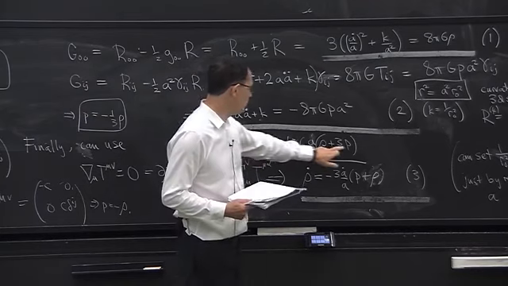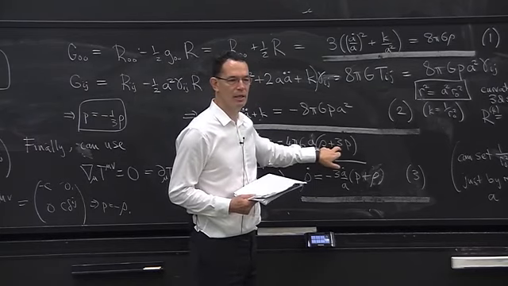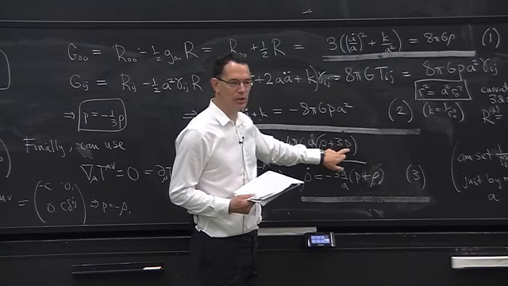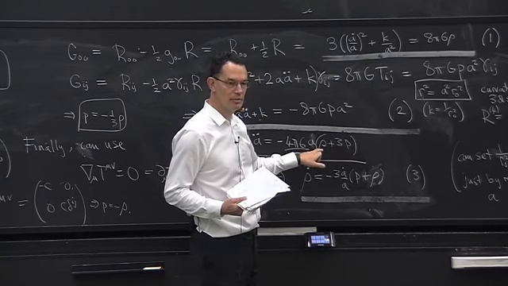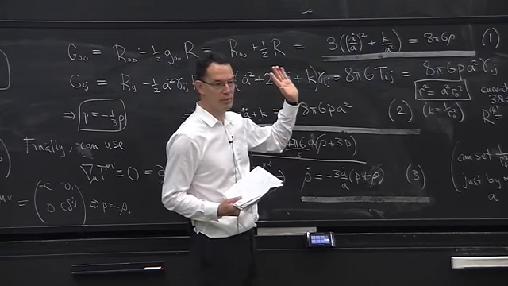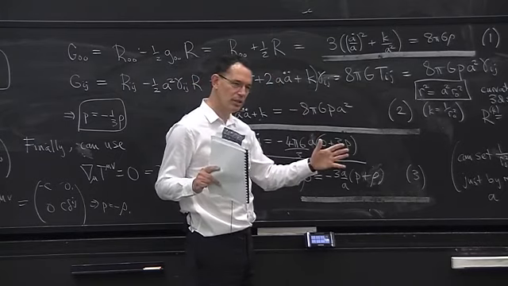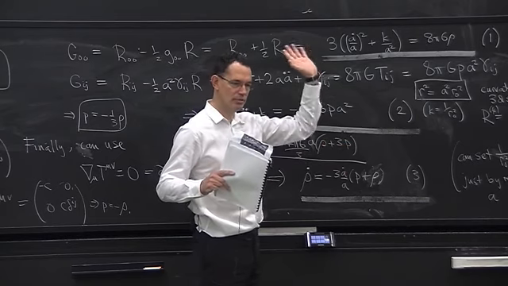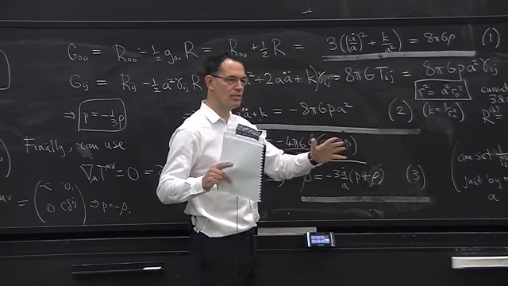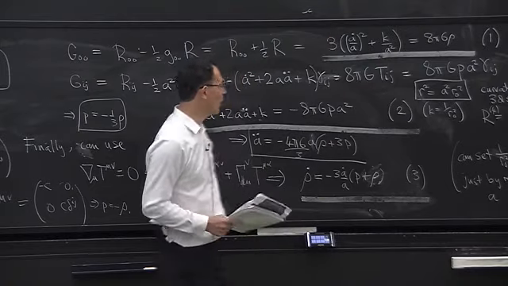But you have rho plus 3p. Now, for a cosmological constant, p is minus rho. This term is negative. A double dot is positive. So negative pressure in gravity is repulsive. The cosmological constant causes space to blow up.